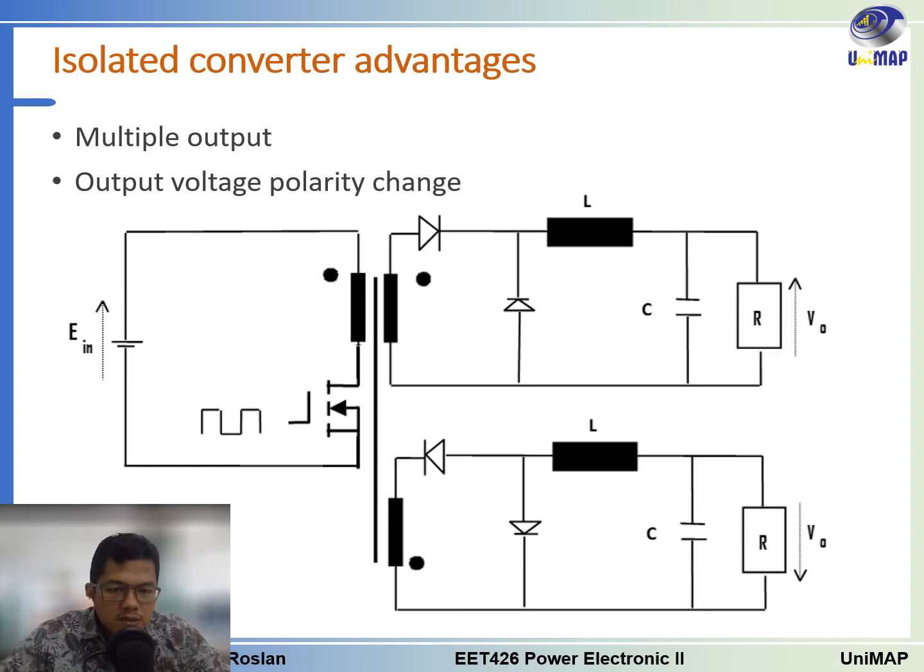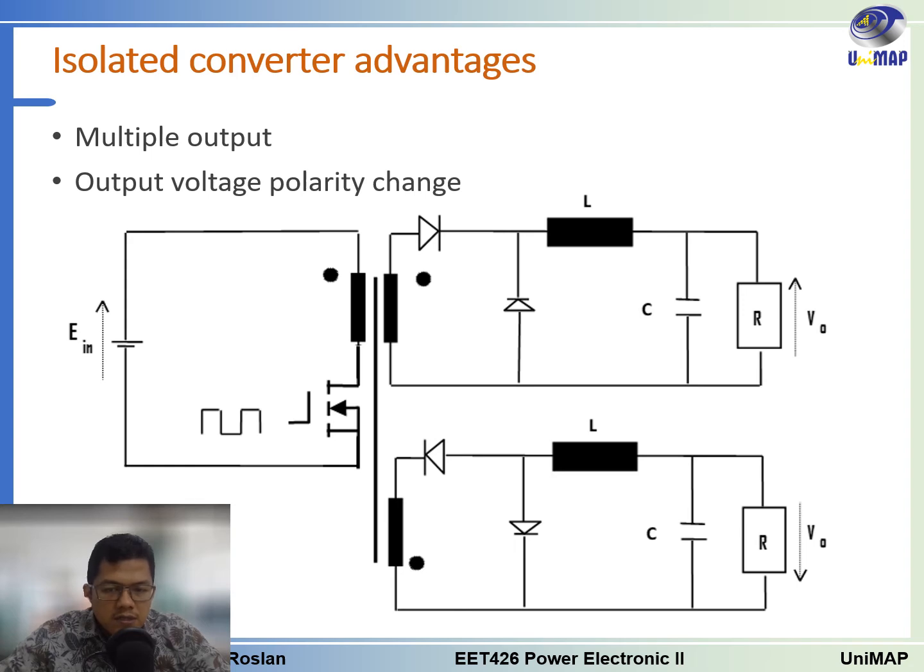In this converter circuit, we have one input voltage and two output voltages. Furthermore, the output voltage of the first one and the second one are reversed in polarity. So how can we achieve this? To understand that, we have to understand how the current flows in this circuit.